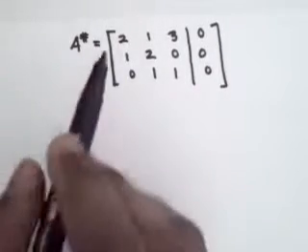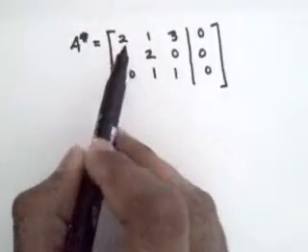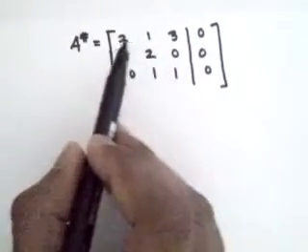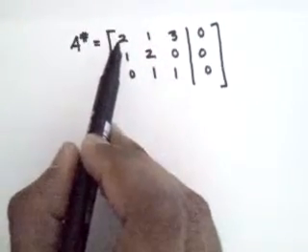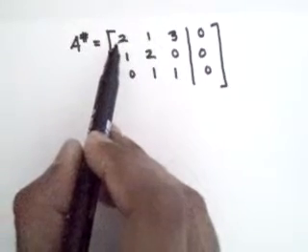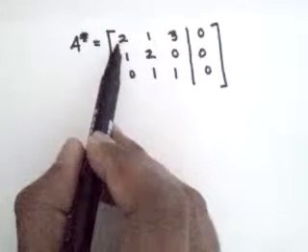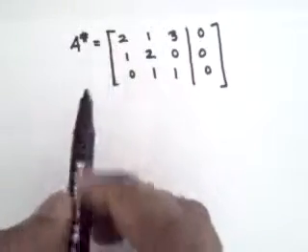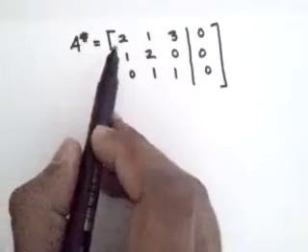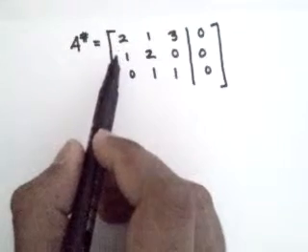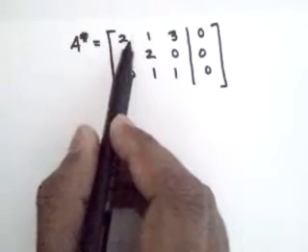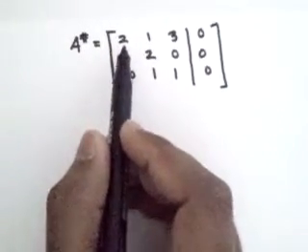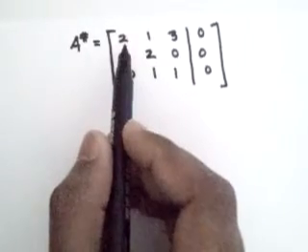So in this case we can see that we have 2, 1 and 3. We'll first take this first element and see if it's 1 or not. In this case it's not 1. So what can we do to make this 2 a 1? Either we can follow the third step or the second step.